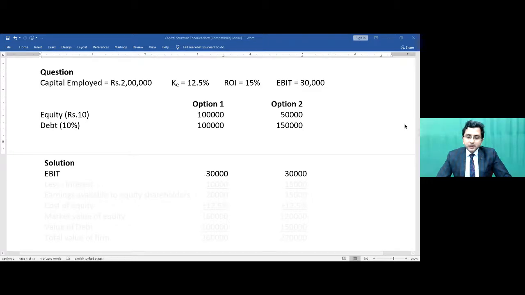Is EBIT dependent on capital structure, or is it independent of capital structure? Dependent or independent? Come on, quick, answer it fast.